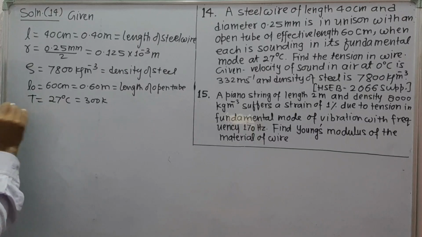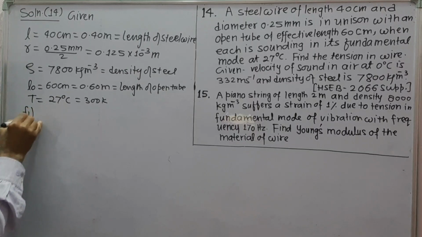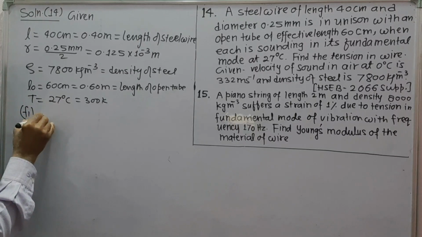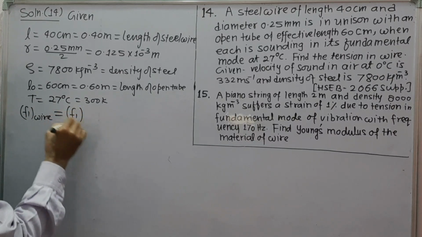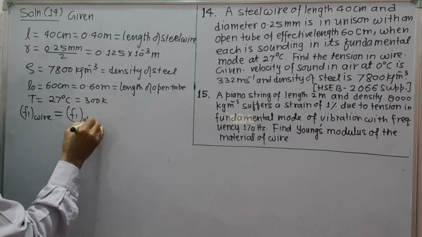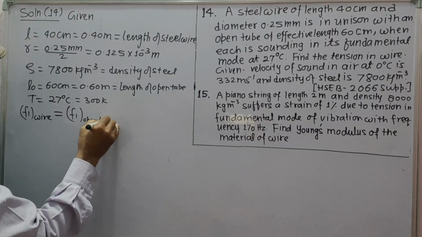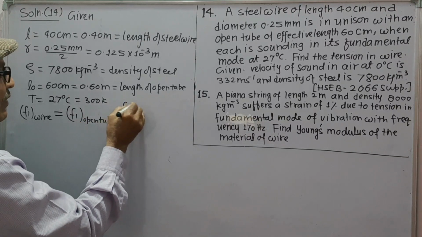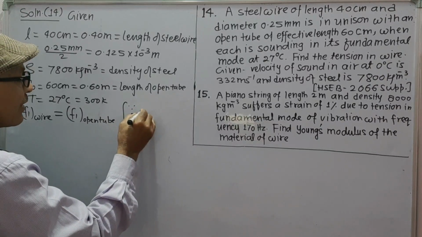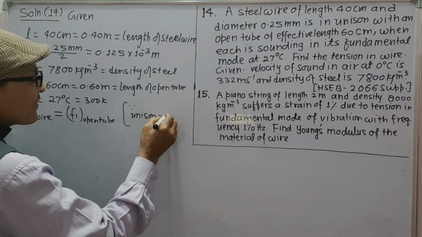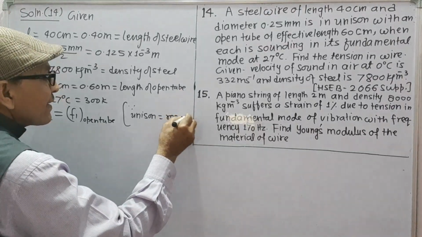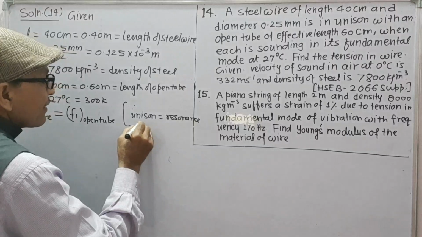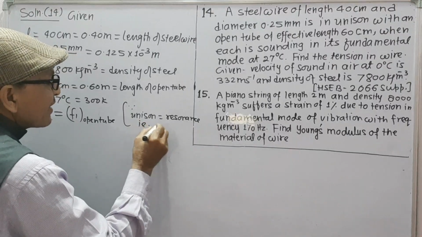So, in fundamental mode, F1 of the wire is in unison with F1 of the open tube. Here, unison means resonance, that is, having the same frequency.